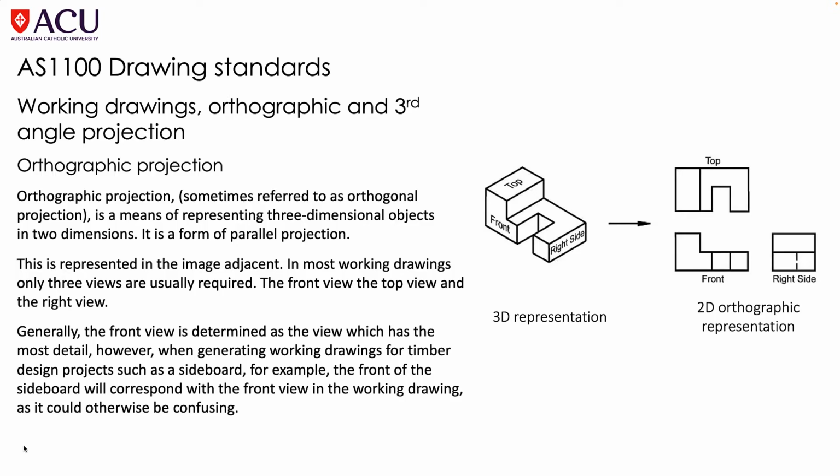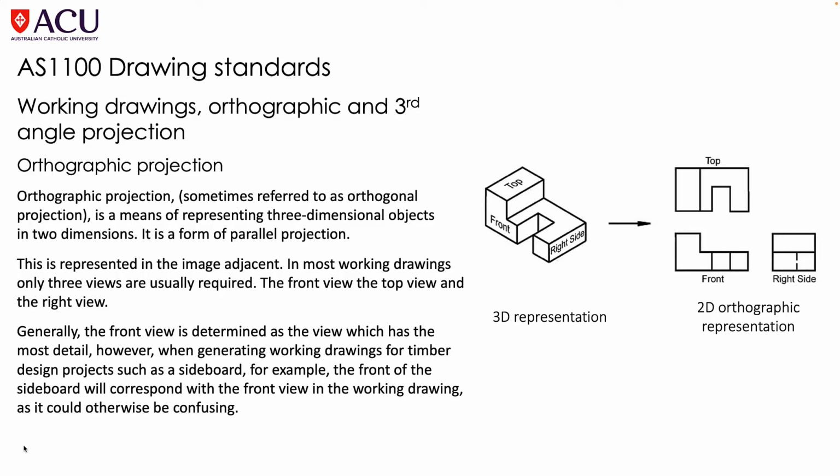So you've got your front view down in the bottom left, you've got your top view directly above it, and then you've got your right view directly to the right side of the front view. Now, in most working drawings, only three views are usually required: the front view, the top view, and the right view.